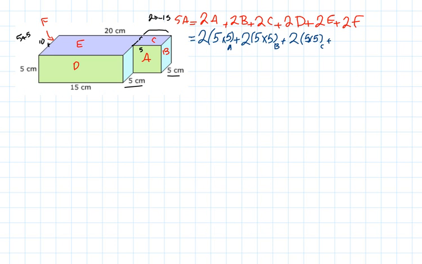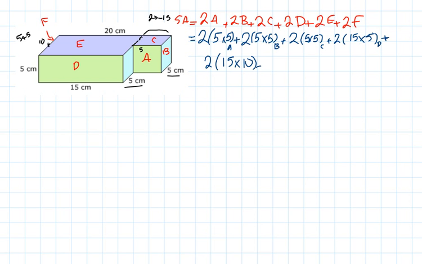For D, now D is the longer side there, so 15 by 5. So we have 2 times 15 times 5. And that's for D. Plus, for E, we have 2 times, E is the top, so that's 10 by 15 or 15 by 10.